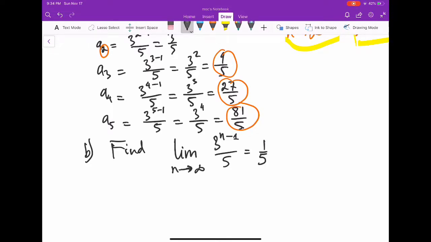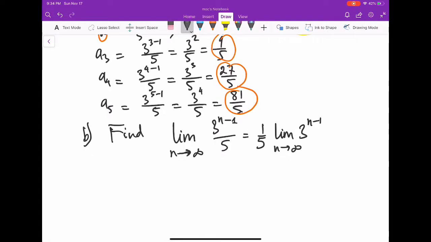We write 1/5 times the limit of 3^(n-1) when n approaches infinity. Since 3^(n-1) is an exponential function, when n increases to infinity, 3^(n-1) also increases to infinity. So that's why this limit is just infinity. Pretty simple, is that correct?